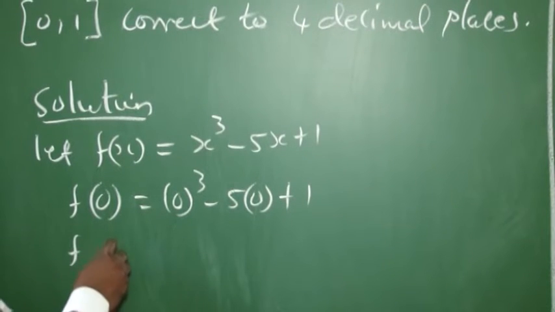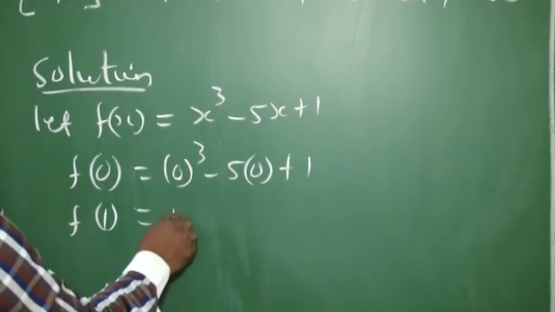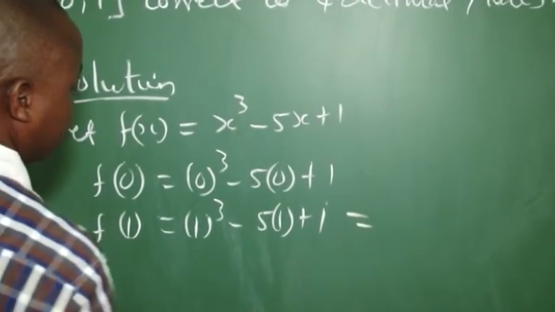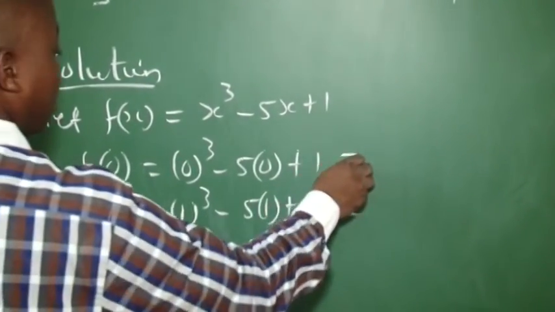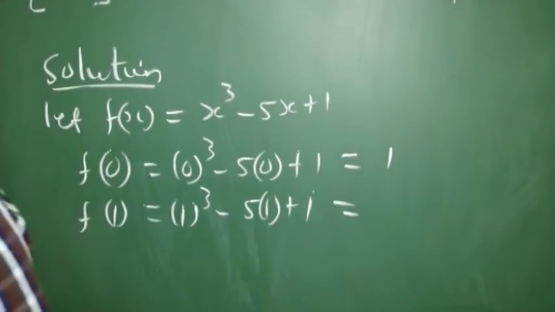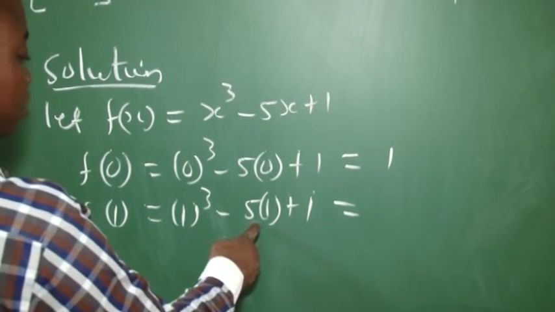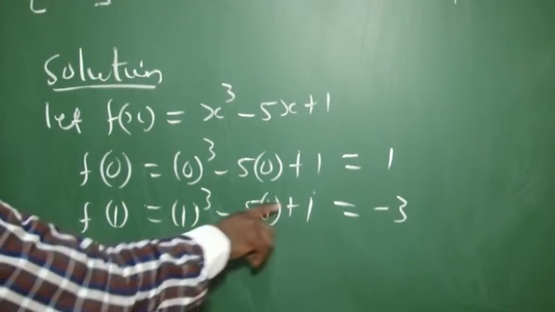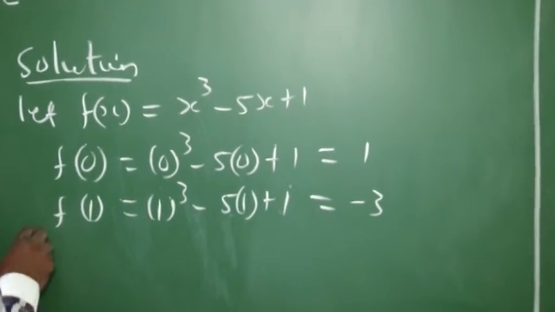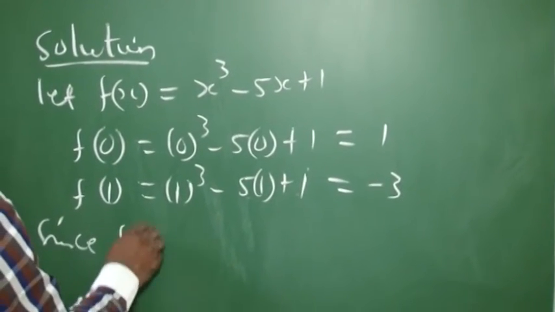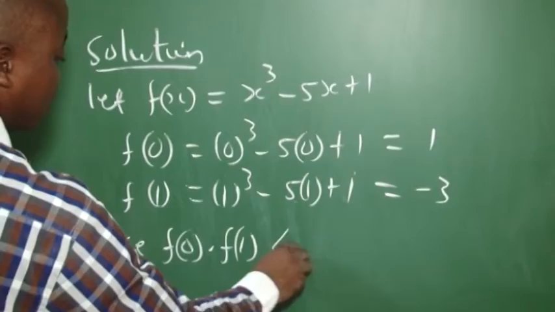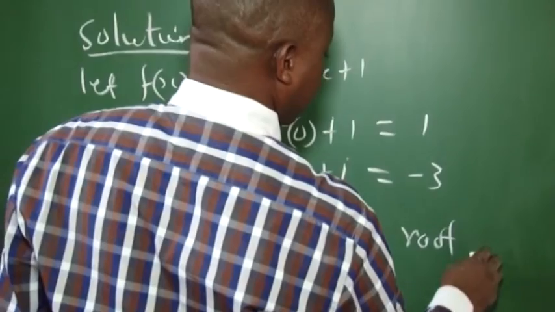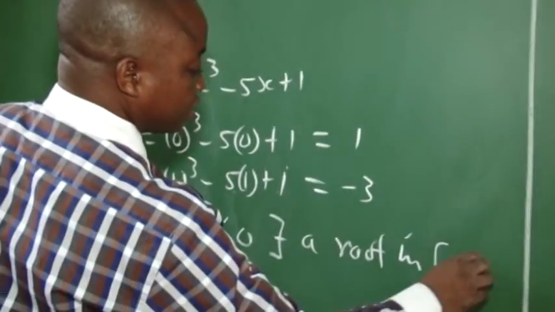Now, f of 1 is 1 cubed minus 5 times 1 plus 1. Now, f of 0 will give us 1. F of 1 gives us minus 3. You know, this is minus 5, 1 plus 1 is 2, so we have minus 3. Now, since f of 0 times f of 1 is less than 0, there exists at least a root in the interval 0 and 1.